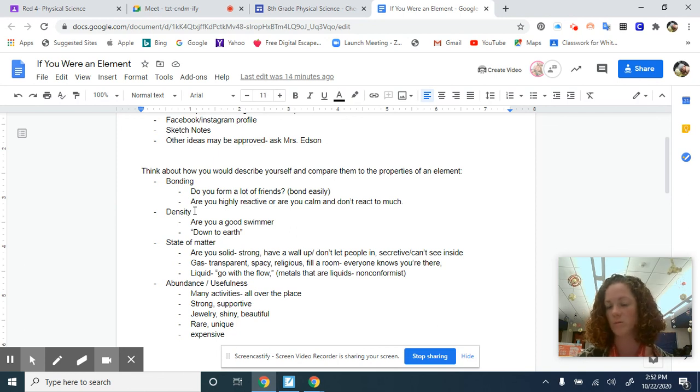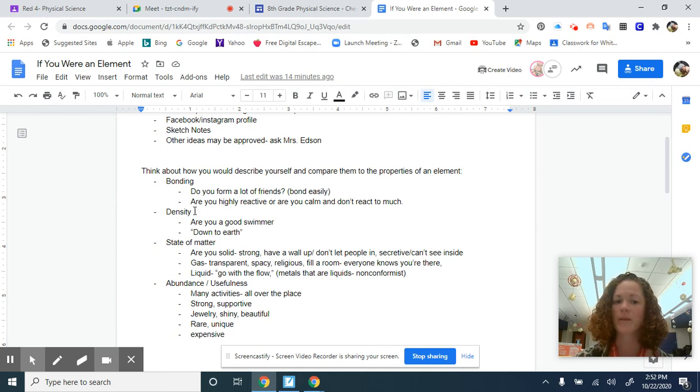So you can relate yourself to a low density element. If you're down to earth, very relaxed, then you could use a heavier element. So you could find ways to relate all of the properties of elements. You can just kind of twist it to make it relate to you.